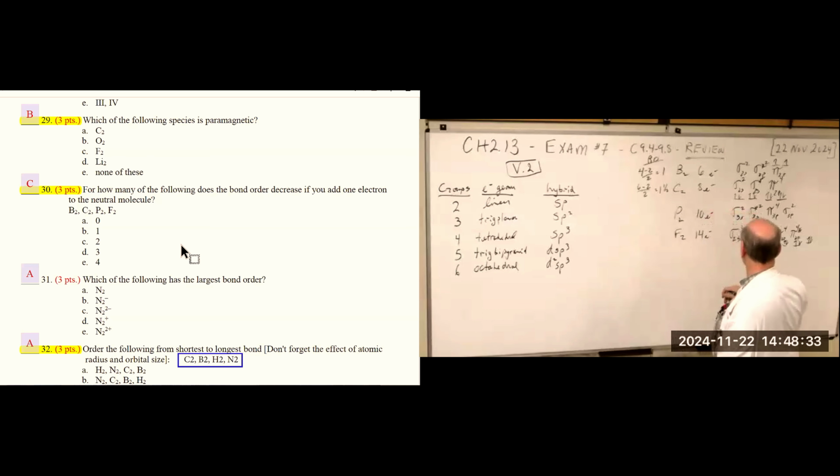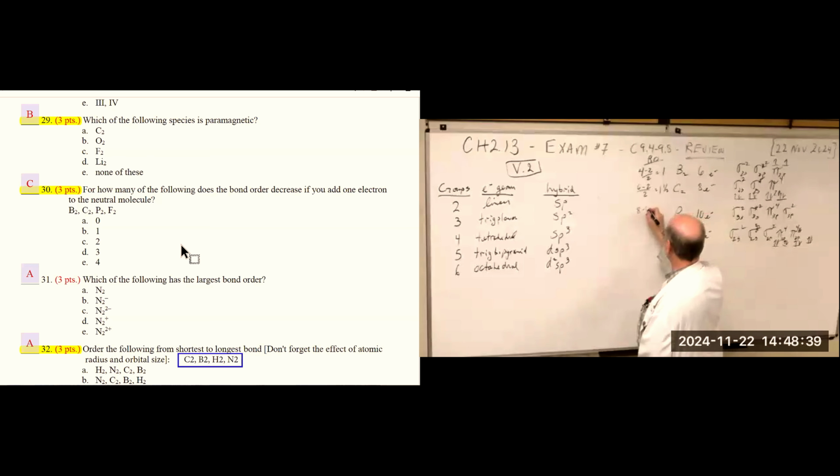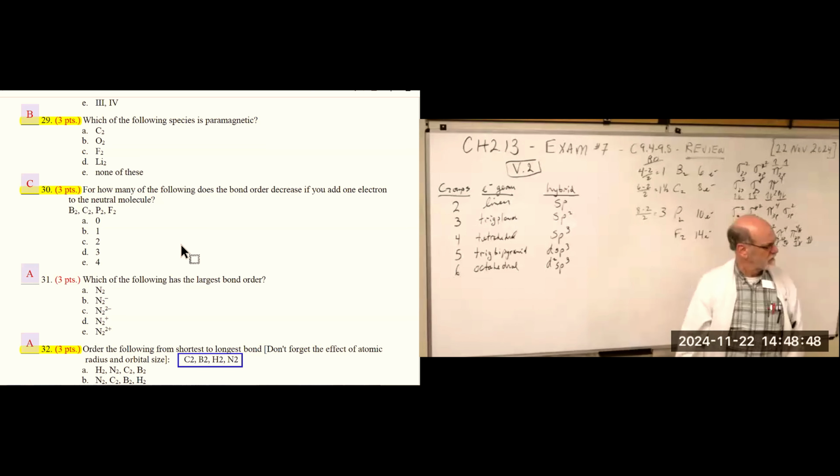Phosphorus would be 2, 4, 8. 8 minus 2 over 2 equals 3. Yeah, that makes sense.